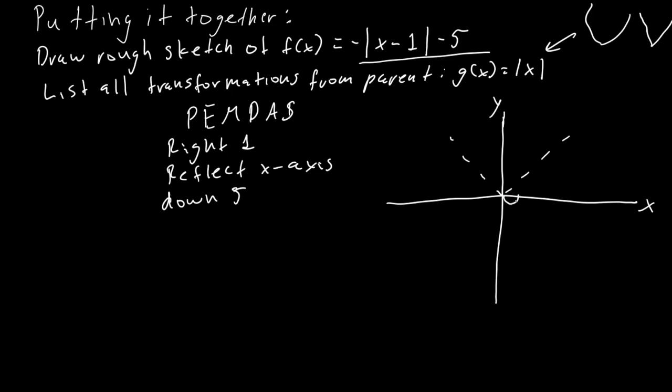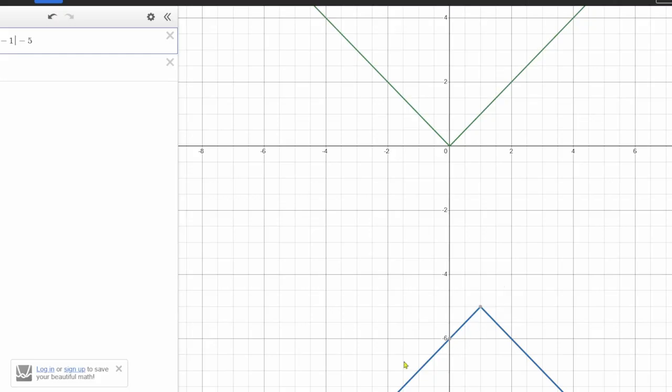So we go right 1, and then we reflect across the x-axis, so we would go here, and then we go down 5. This will be our vertex, and this is our function. And we can see that this is actually exactly the same as what we drew. This is our parent function, y equals absolute value of x, and this is our transformed function with the vertex 1, comma, negative 5, which we found, and it points down.